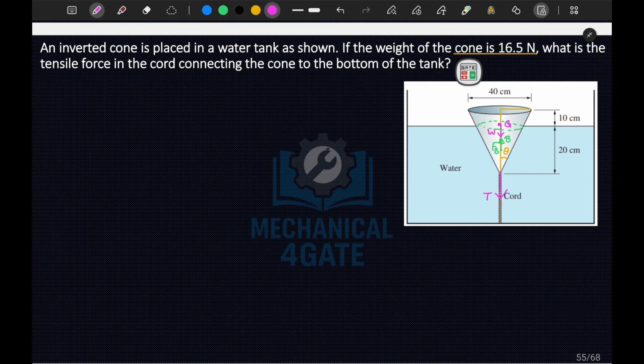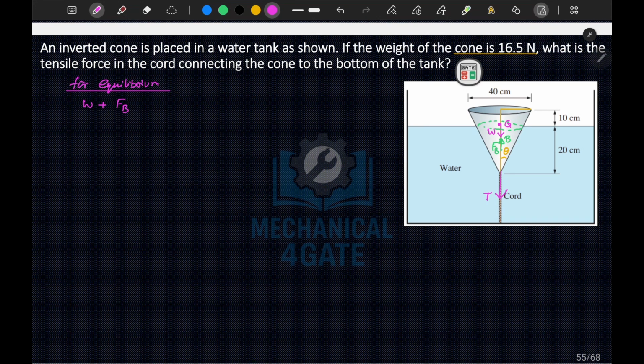Now let me write your equilibrium equation first. For equilibrium, we can say weight plus buoyant force. Now there are two cases possible.